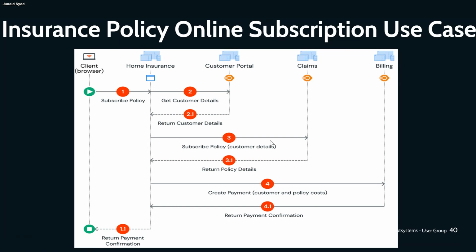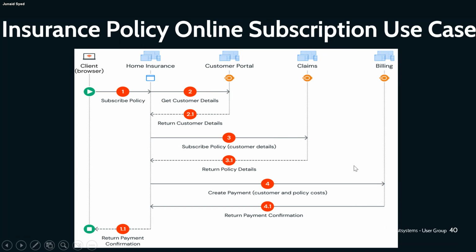If everything goes well, the claims application returns the policy details to the home insurance application. Finally, the home insurance application creates a payment transaction for the customer, and the customer performs the payment.